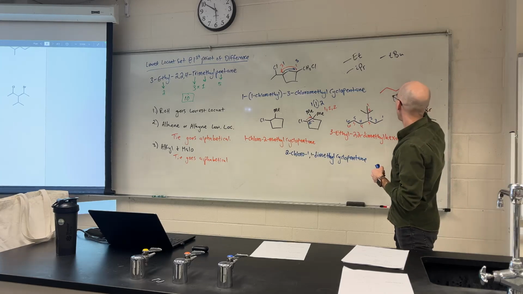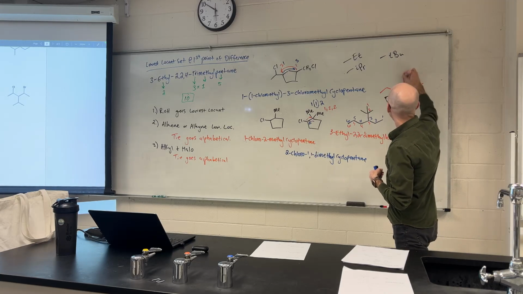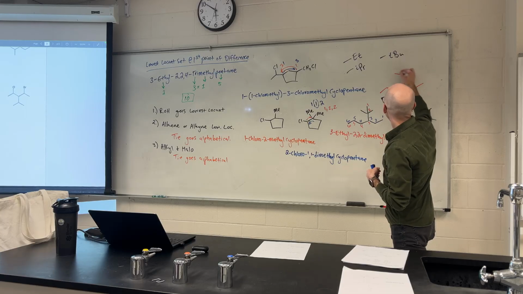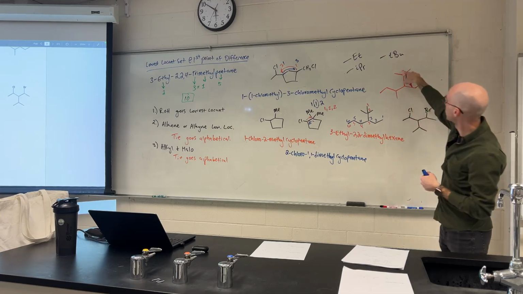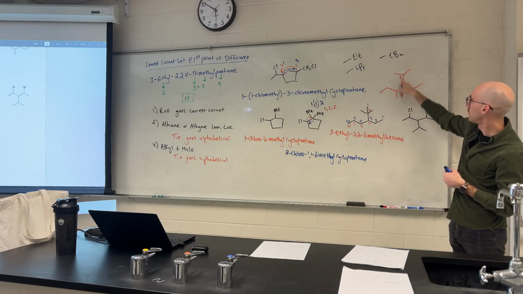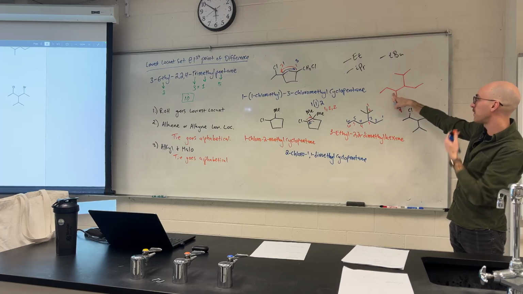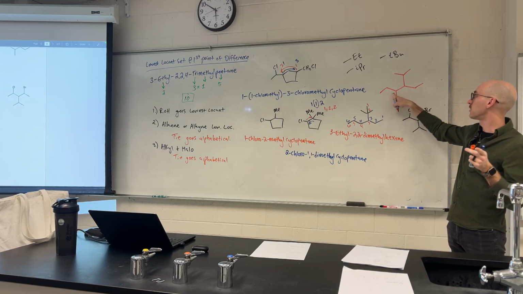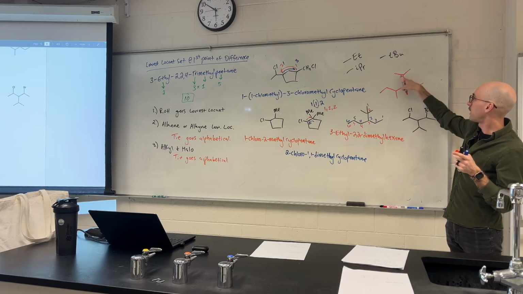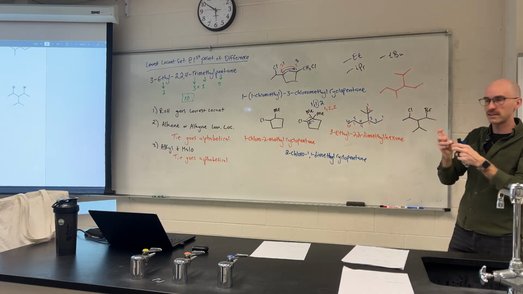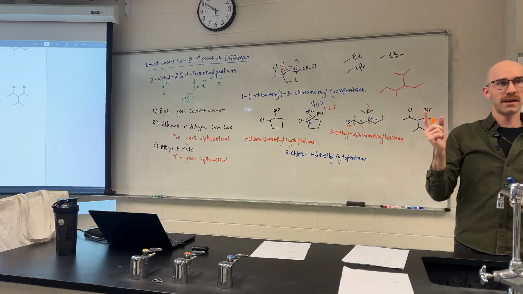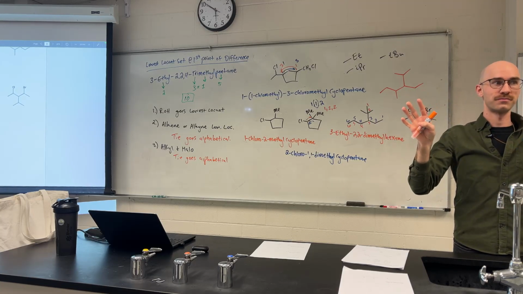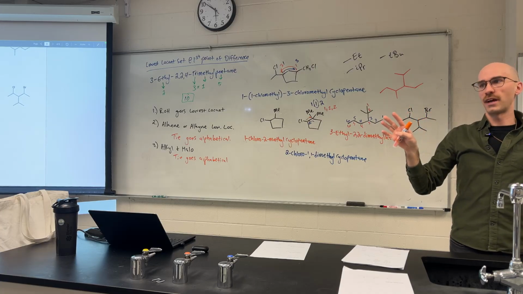But I can draw a structure that takes one of those methyl groups off of the second position and places it over here on the 5th position. This is still 3-ethyl, but now it's 2,4-dimethyl. 2,4-dimethyl is a structural isomer to 2,2-dimethyl.